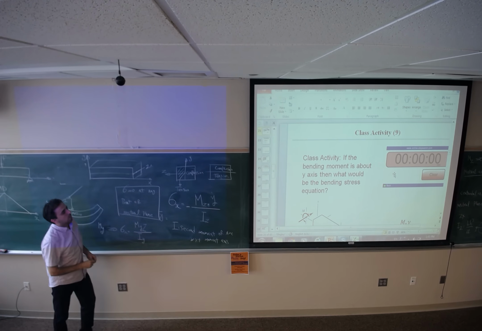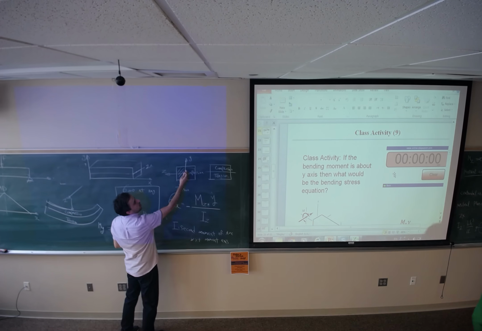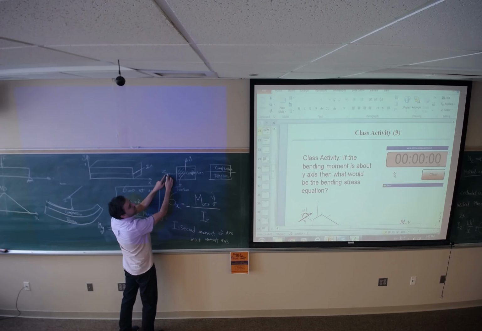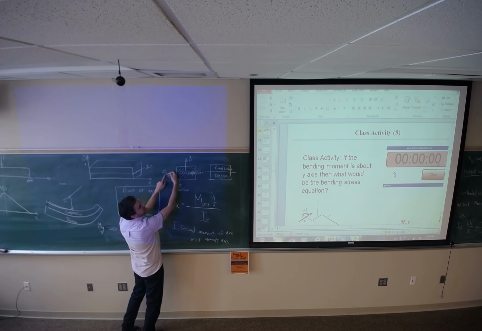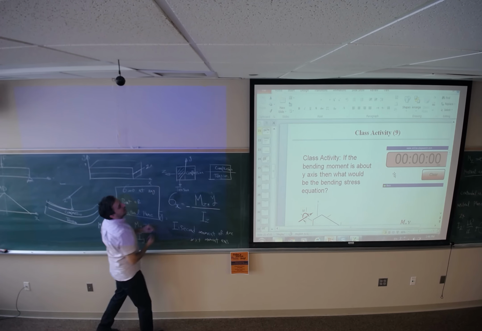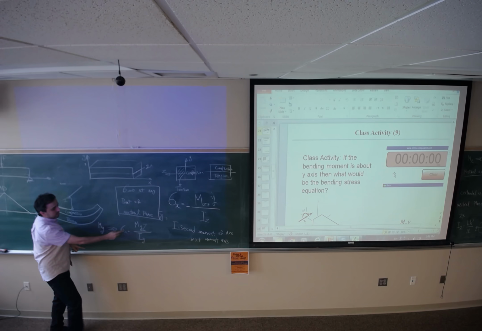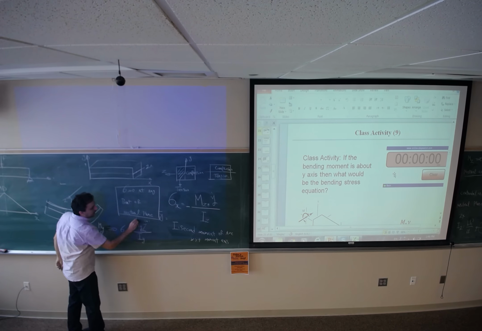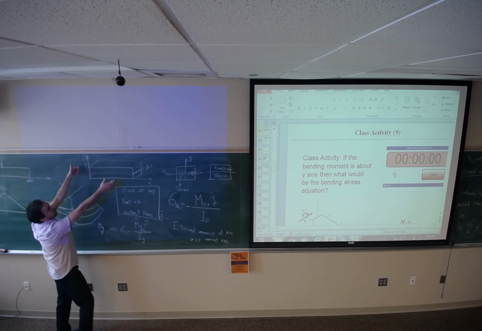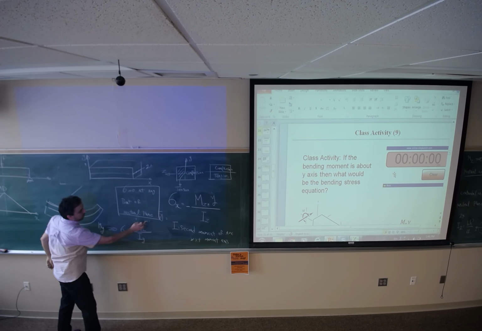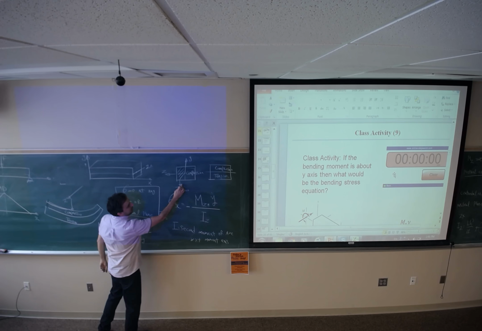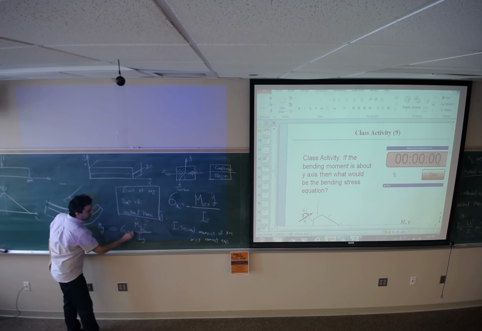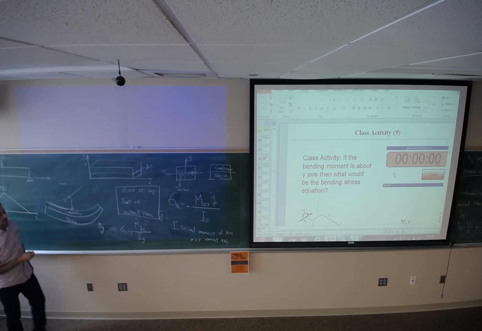So any point on the left side is going to have positive z, because positive z-axis is going to be in this direction. So z is going to be positive. M is positive because it's bended about positive y-axis. So positive times positive is going to give me positive. And it should be positive because it makes the tensile. So I don't need to add negative sign behind that.